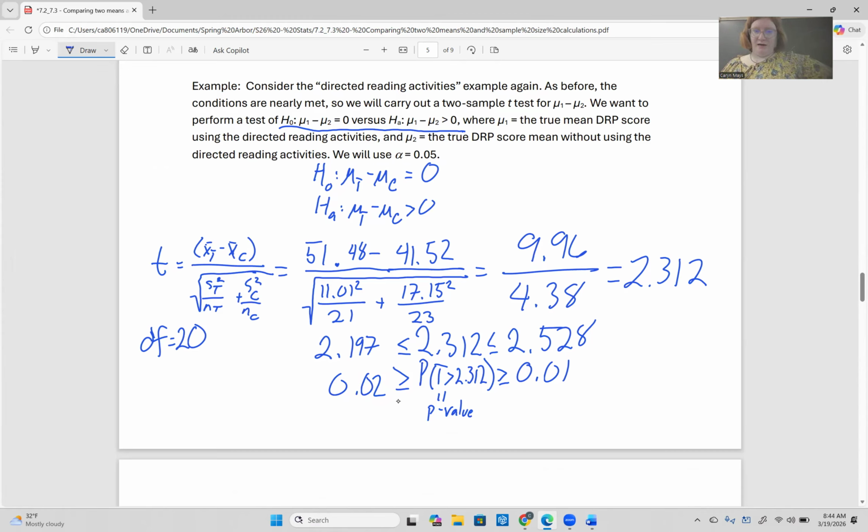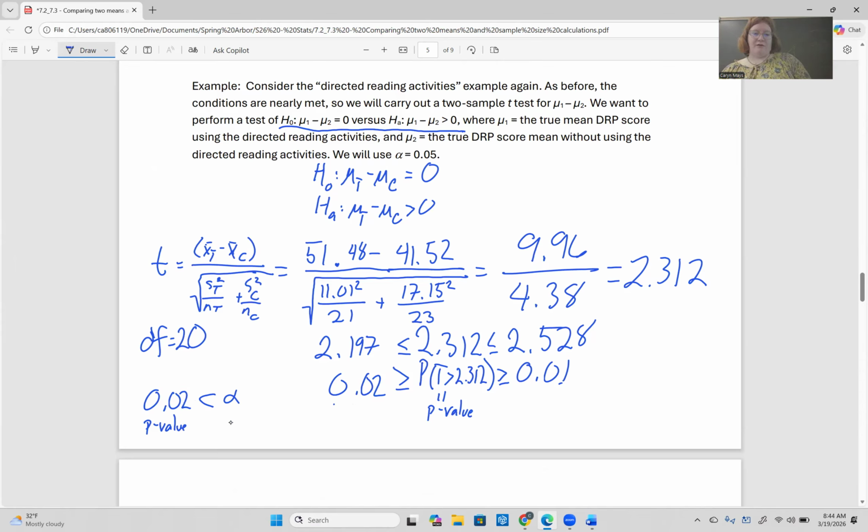How do these compare to alpha? Particularly, let's look at the bigger one. How does 0.02 compare to alpha? It's smaller. And 0.01 is also smaller than alpha, meaning our p-value is smaller than alpha.